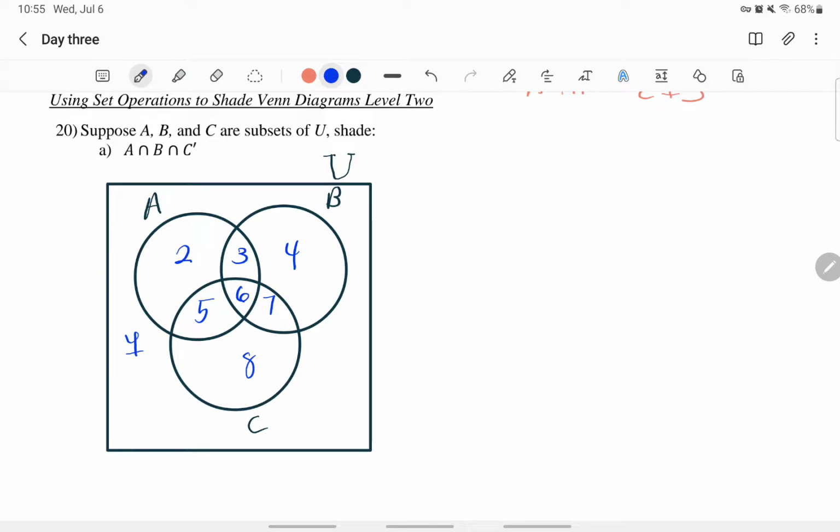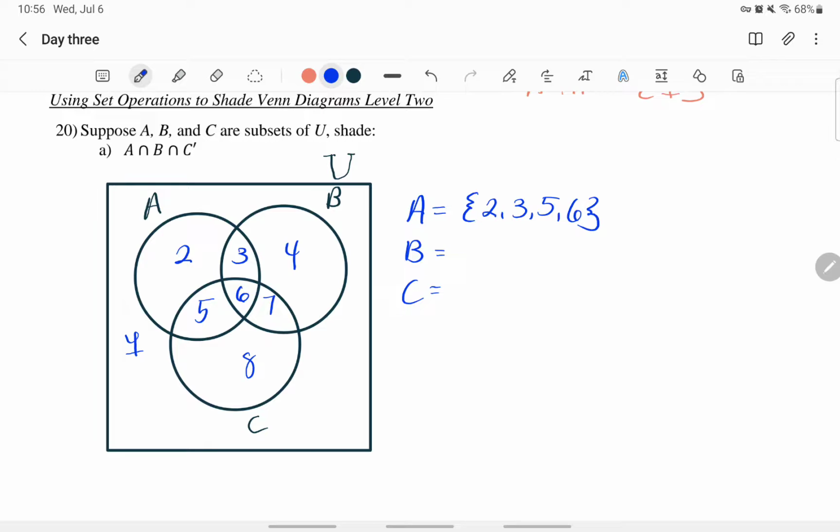Off the bat, let's first find what the basic sets are going to be. Set A, set B, set C. The numbers inside of set A are 2, 3, 5, and 6, as we can see. So 2, 3, 5, and 6.